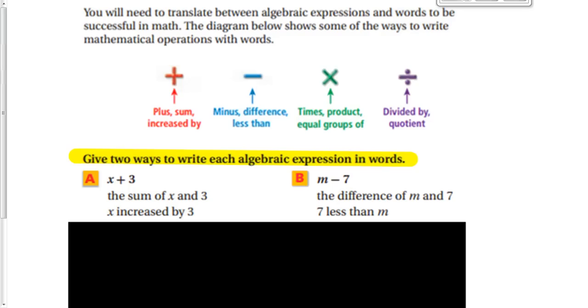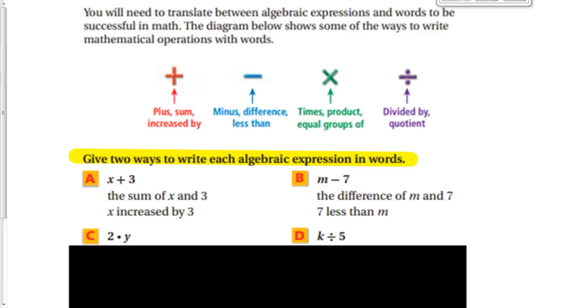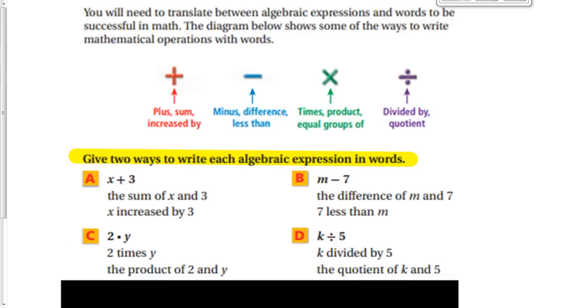Or you could say 7 subtracted from m, something like that. All right, the next one's C, say 2 times y, or the product of 2 and y. Letter D, k divided by 5, or you could say the quotient of k and 5, or maybe k split up into 5 groups. Anything like that would be fine. And these are different ways that you can say these things.